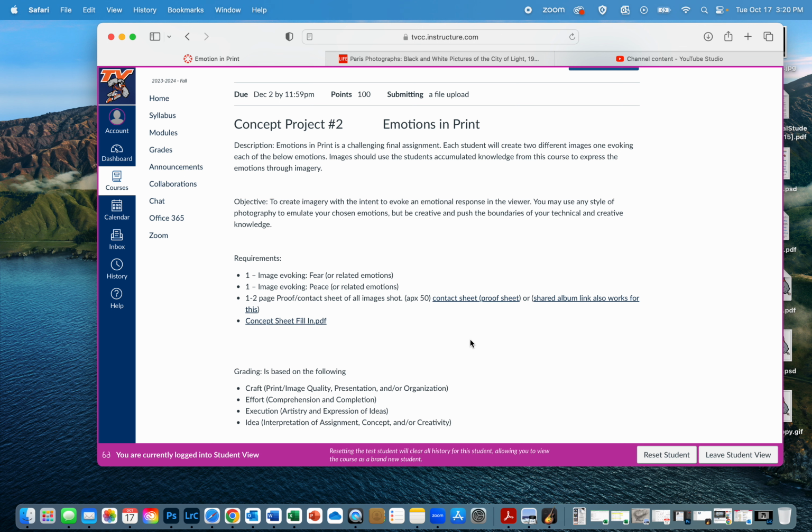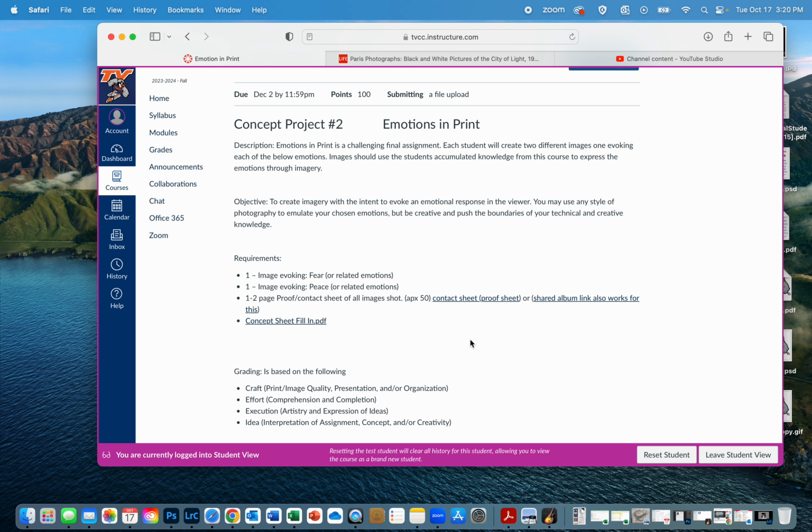And then in the second image, we will be looking for an image that when the viewer looks at it, they are at peace. This could be, again, related emotions, joy, tranquility, all of those peaceful type positive emotions. So we're doing two main images.